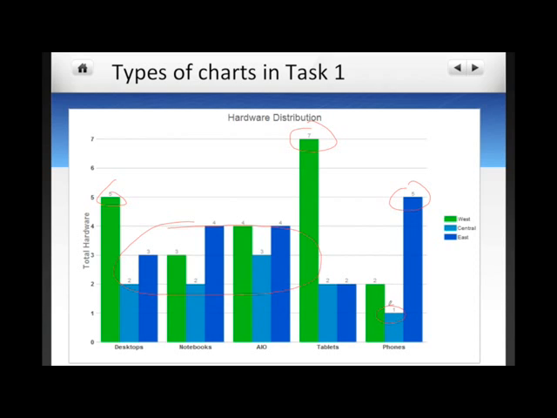So you can see that in describing the whole chart in 150 words, most of the words focus on the differences and disparity between the bars and between the different types of items there. So remember, bar charts are about differences and disparities.